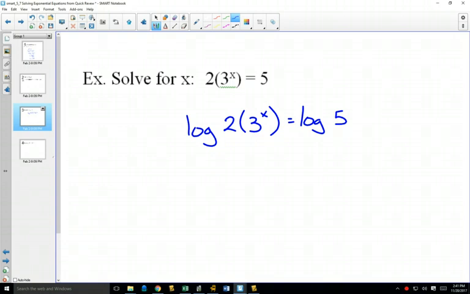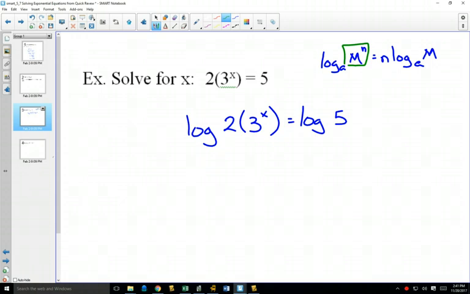The only time you can use this log law is when it looks like this. In other words, notice here that the exponent n is to the entire thing inside the log, whereas in our situation, can you see that your x, the exponent x, is only an exponent to the 3? It's not an exponent to the 2.